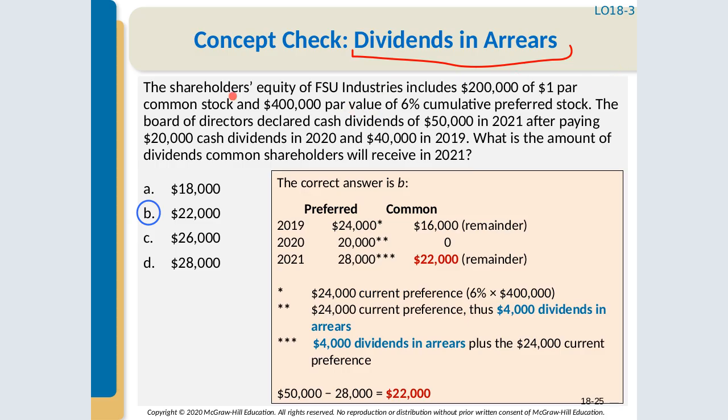We have that our preferred stock is 6% cumulative preferred stock, and when they have a percentage, that means the amount of the dividend. So their par value is 400,000, so 6% of the 400,000 is the dividends that we're supposed to get paid as preferred shareholders when we have that right once the dividends are declared.